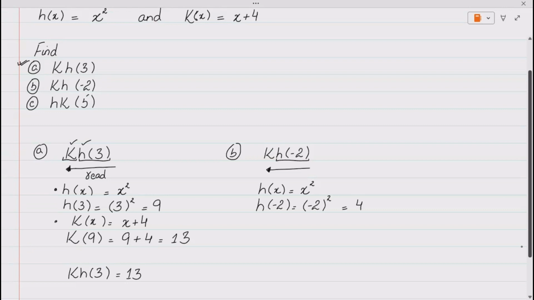Now, since we found h of minus 2, we have to put this value in k. k of x is x plus 4, so k of 4 is 4 plus 4, which is 8.